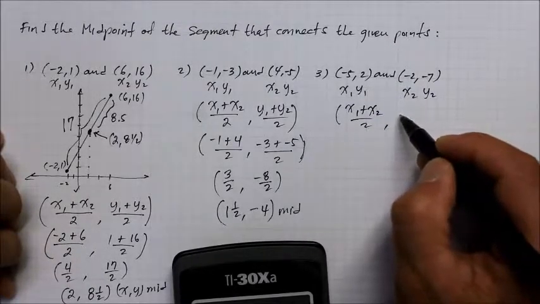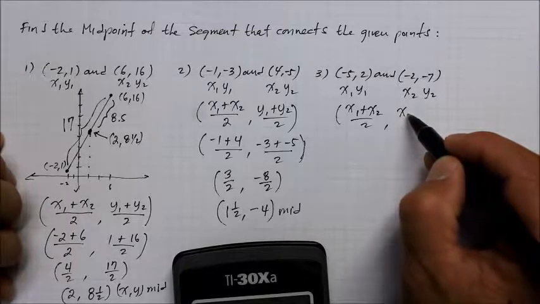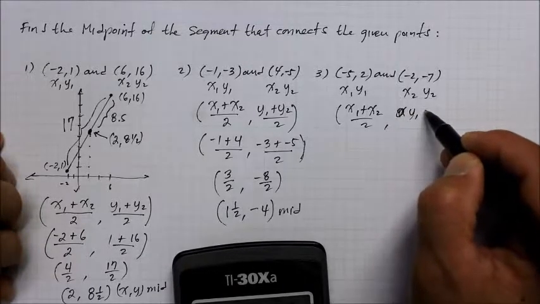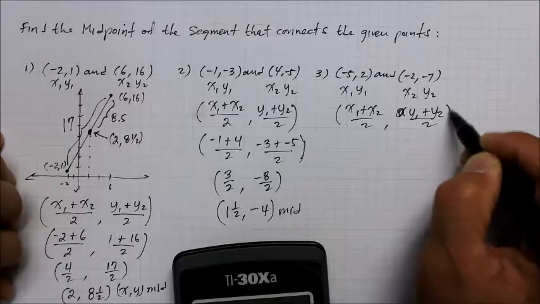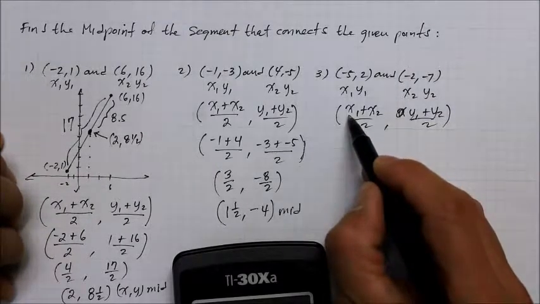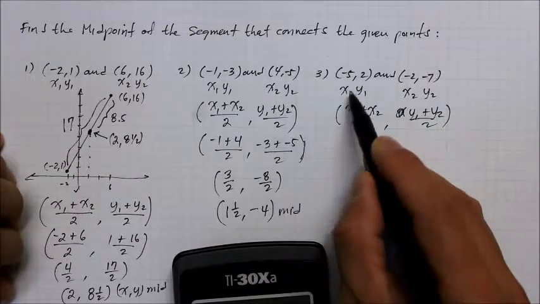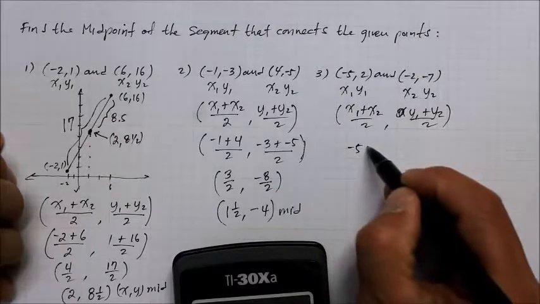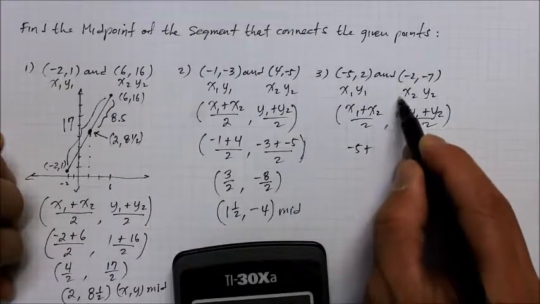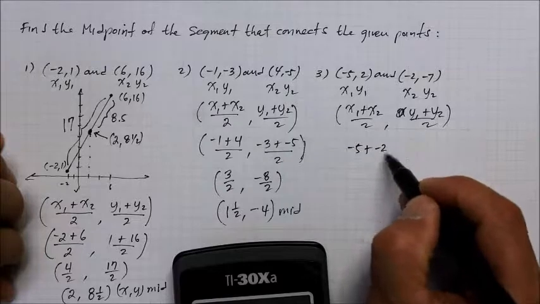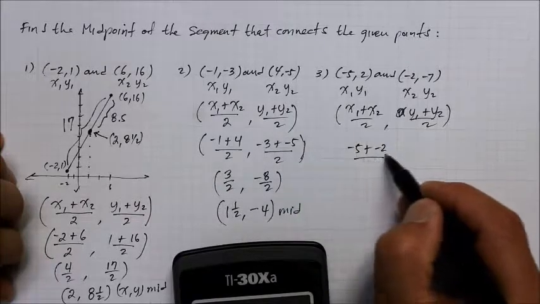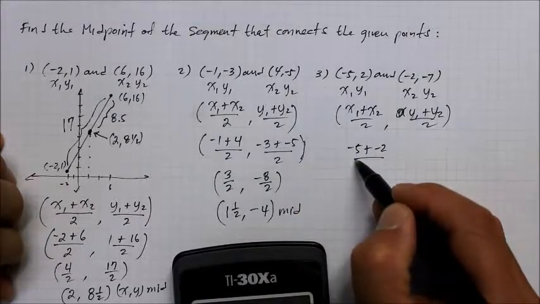Yes, I'm going faster now. And then y sub 1 plus y sub 2 divided by 2. X sub 1, what is it? Yeah, negative 5. Plus, what's x sub 2? Right there, negative 2. And just like before, we're combining two negatives, which will make a bigger negative.